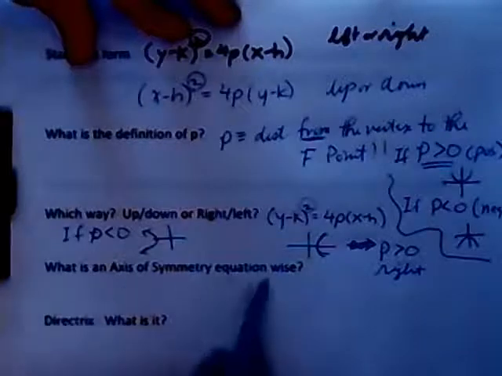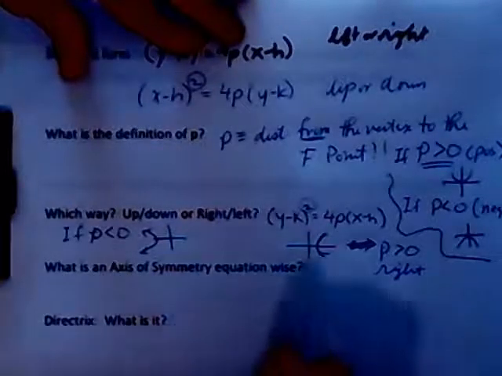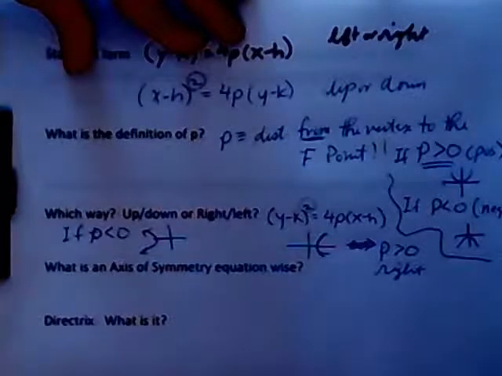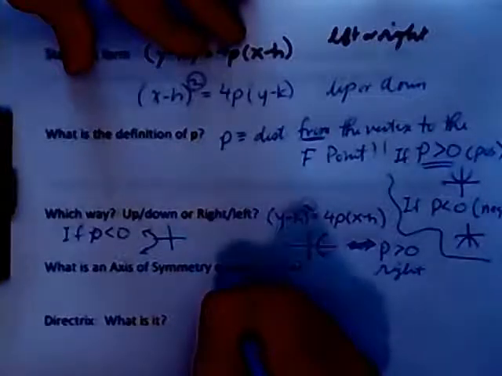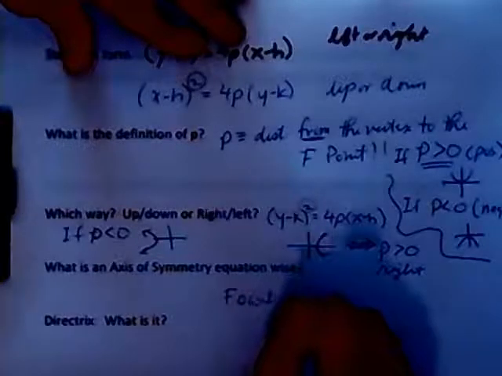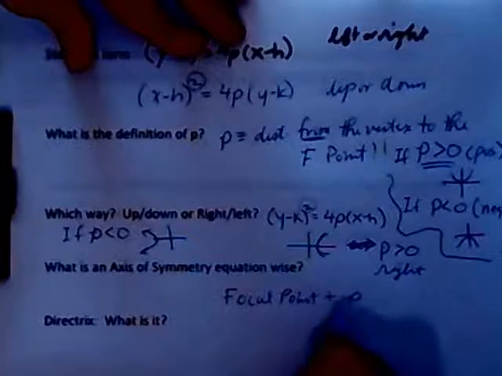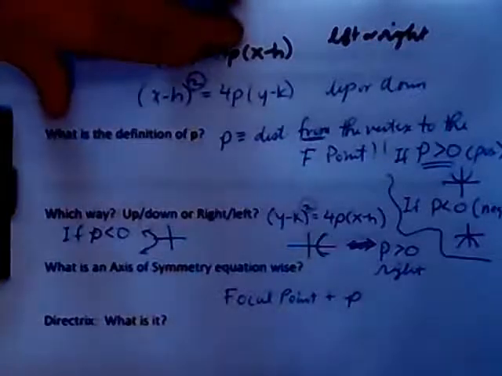What is the axis of symmetry equation-wise? Well, it depends on which way it's moving, going up, down, left, or right. We know that the p-value is going to be added to the focal point somewhere, so it's the focal point plus p, whatever that point p is. It's going to be in the x or the y. So we'll actually do some problems with something like this.